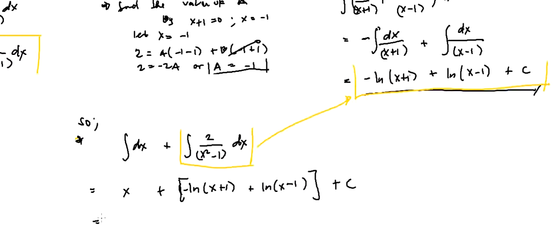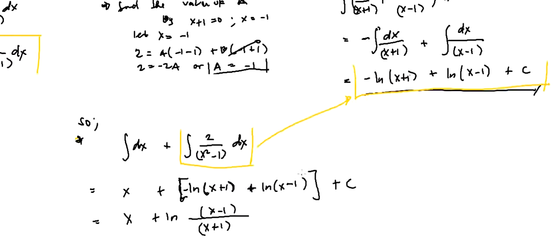So we can simplify this by doing some modifications in our integral. So we have x, we have the negative sign, so this will go to the denominator, so we have x plus 1, then our plus is x minus 1.